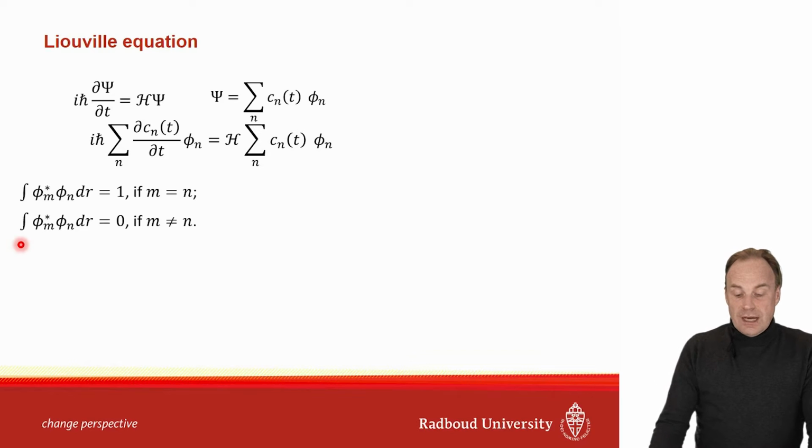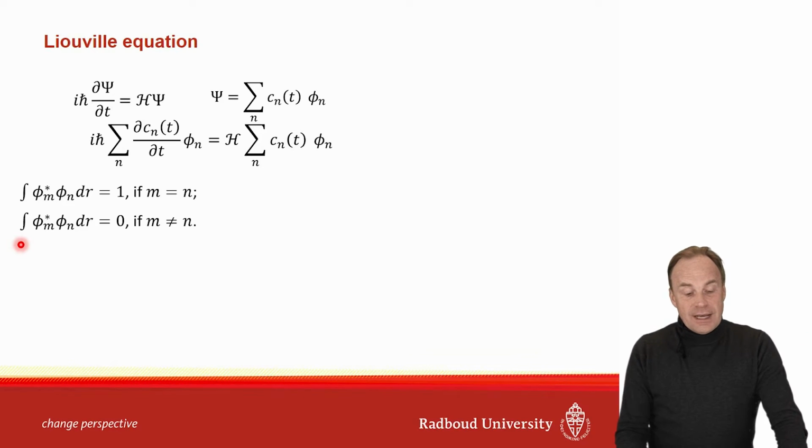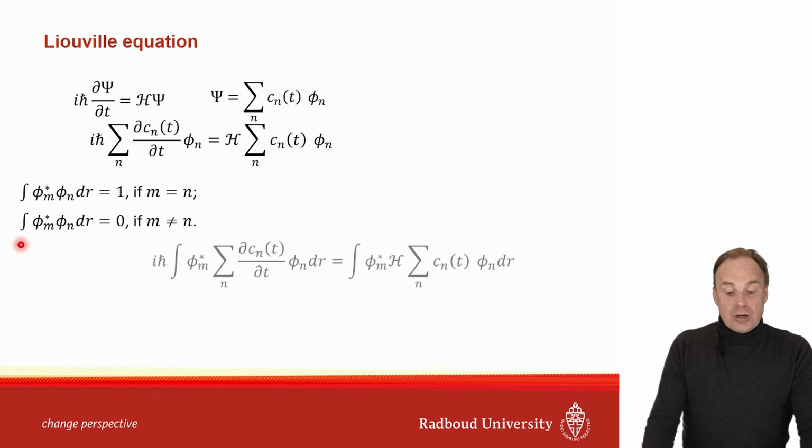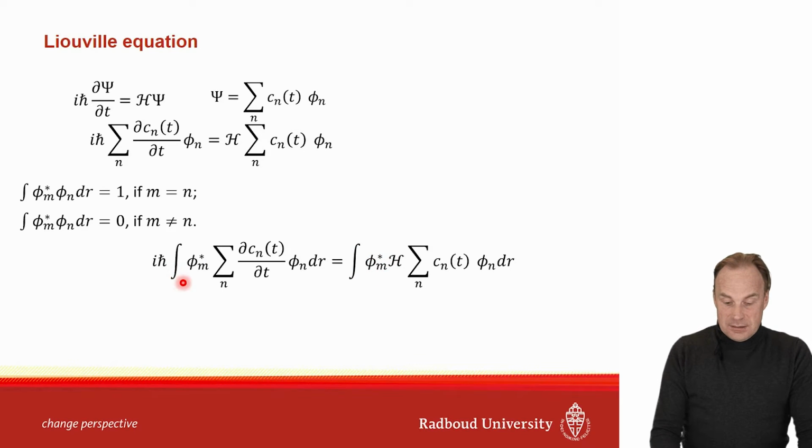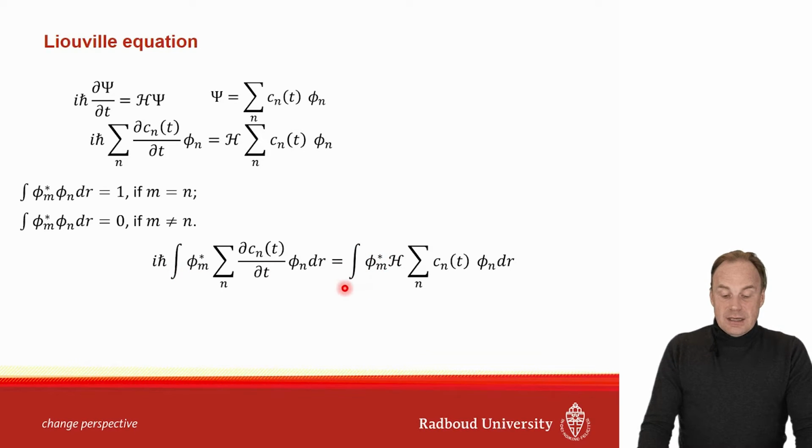Then we multiply this Schrödinger equation with phi m star, and we integrate both parts of the Schrödinger equation after this multiplication. What we get at the end is this form of the Schrödinger equation.